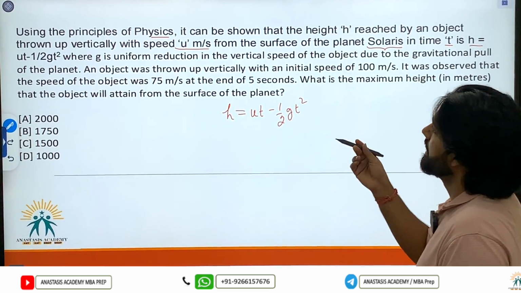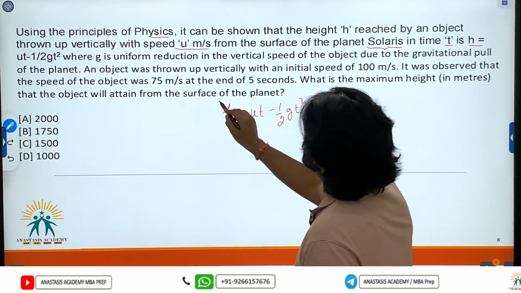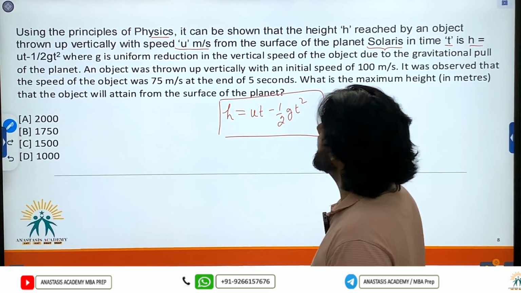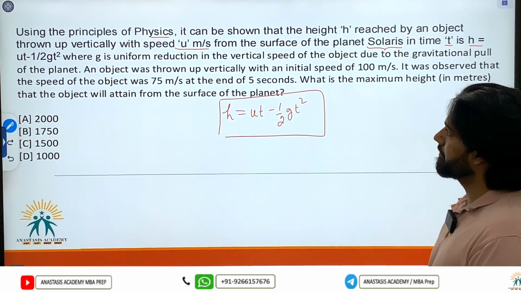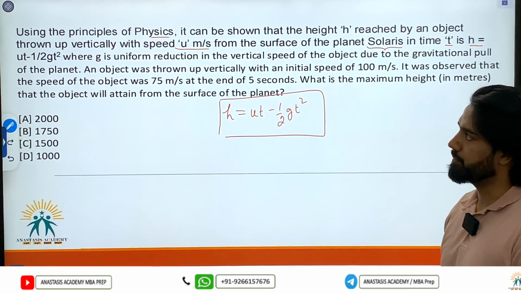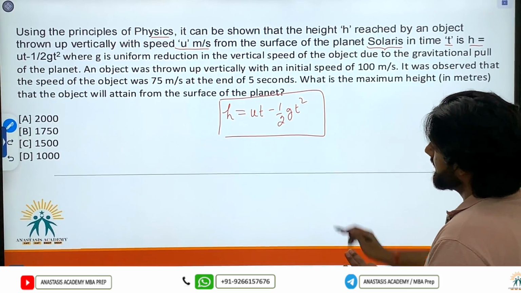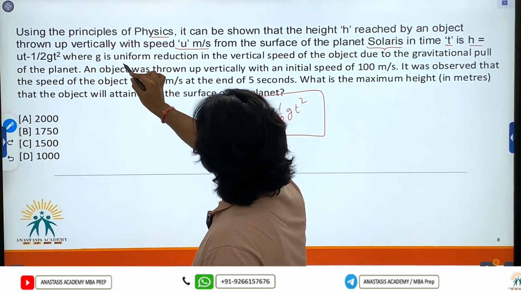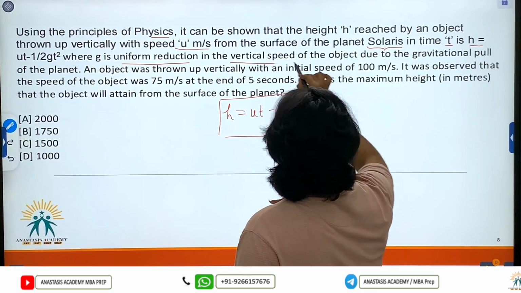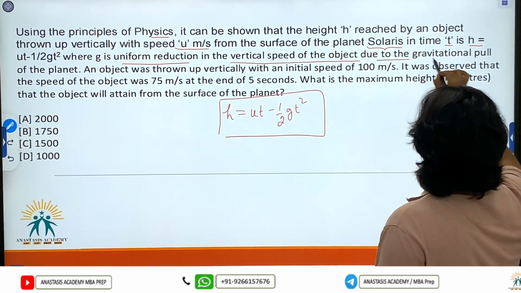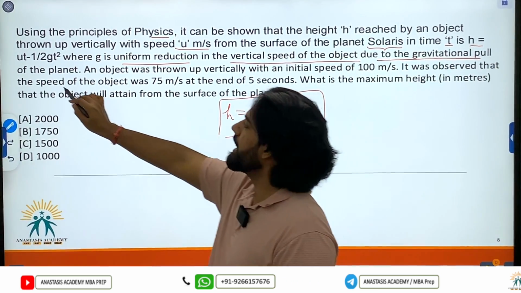So the height reached by the object which is thrown vertically upward from the surface of this planet is given by this expression, where g is the uniform reduction in the vertical speed of the object due to the gravitational pull of the planet.